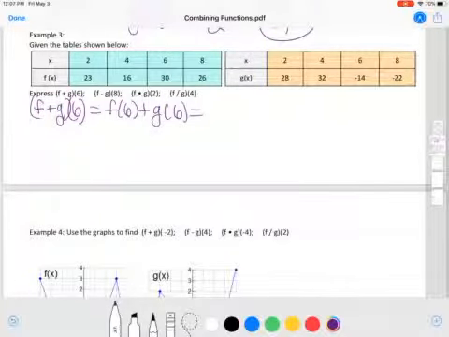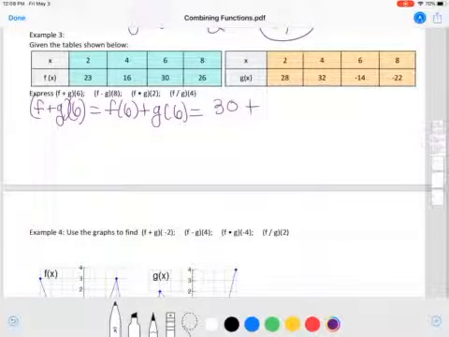So if you look, the table that's in this greenish color is my f, and the table that's in this yellow color is my g. So if I want to find f of 6, I need to look at my table that's the greenish color and look, well, when x is 6, f of x is 30. So f of 6 is 30.